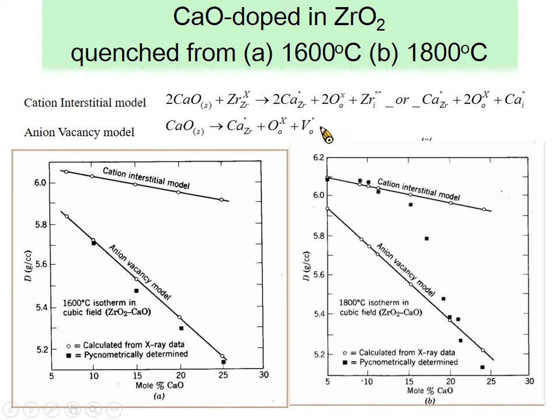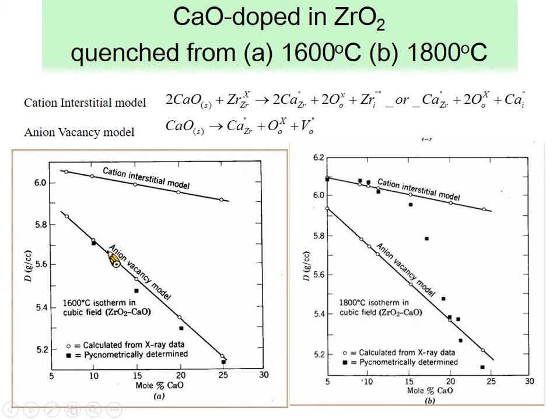Based on these equations, we may calculate how the density changes with the amount of calcium doped in the sample. Because calcium has a density different from zirconium, when we put calcium oxide into the zirconia to form the solid solution, if it follows the calcium interstitial model, the density will decrease slightly.